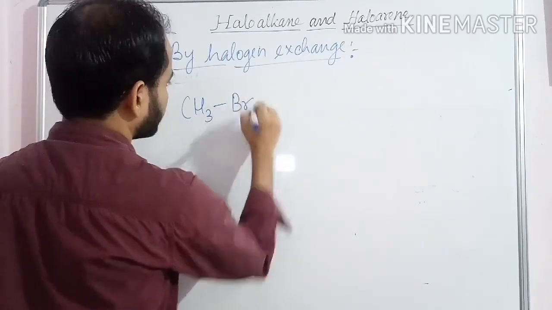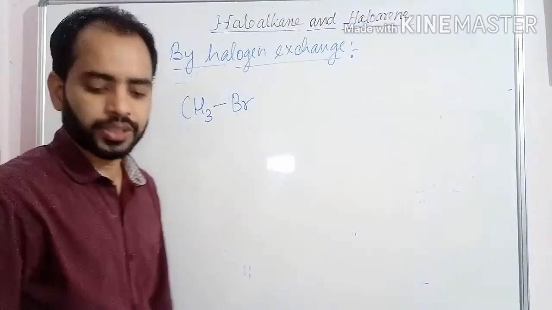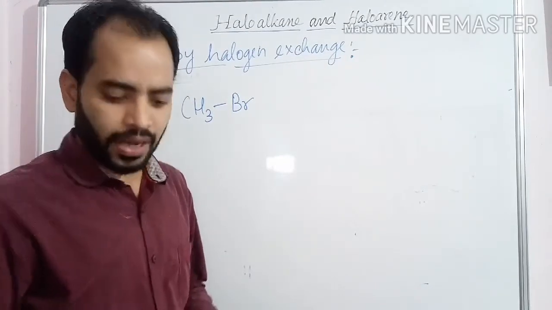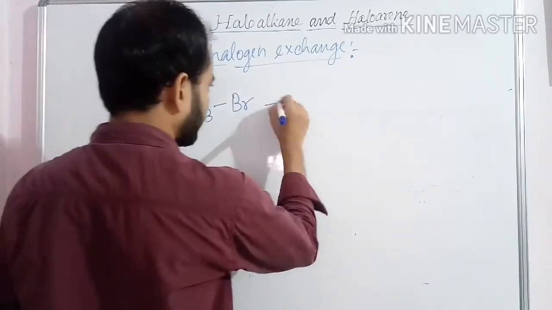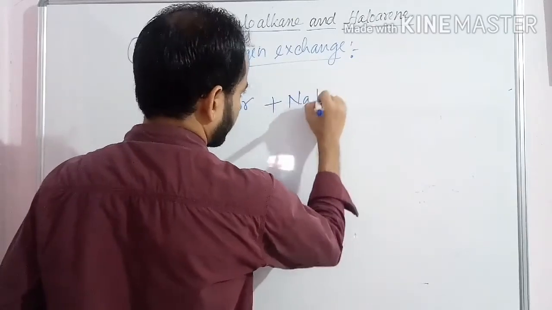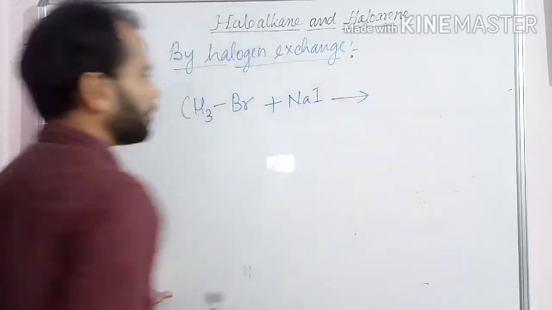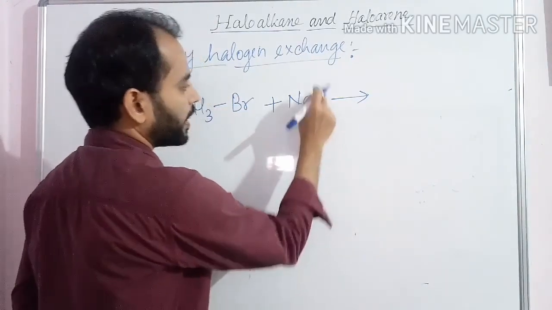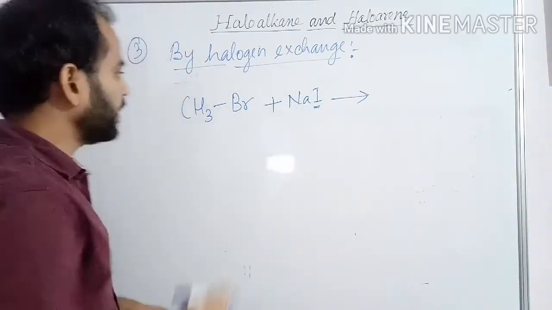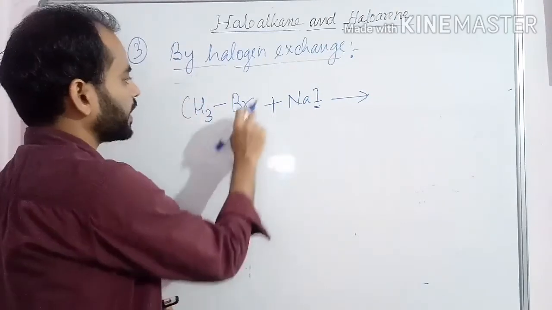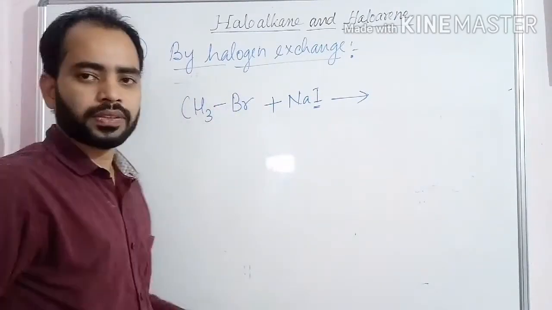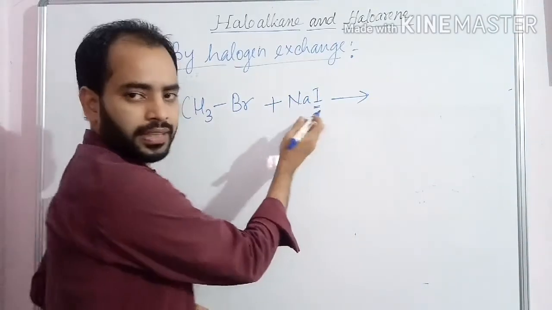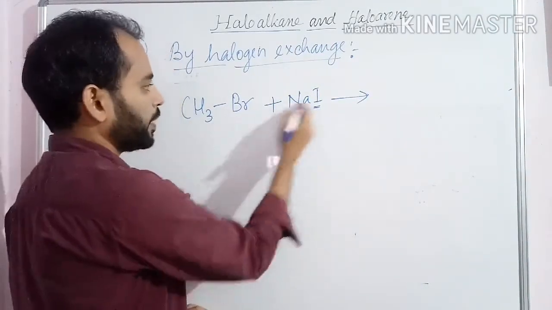Suppose we have taken methyl bromide, an alkyl halide, and now we treat it with sodium iodide. In this case there is a halogen group, iodide, and this is also an alkyl halide having bromine. So there is an exchange of halogen. What happens?